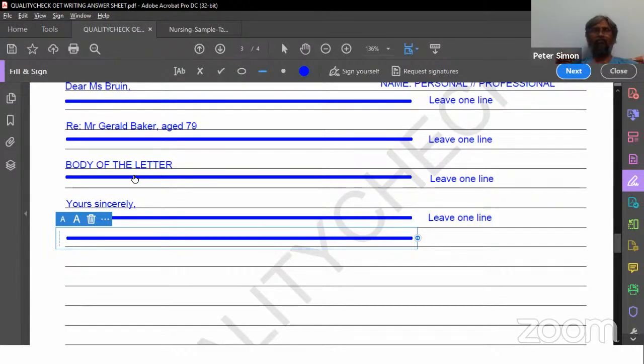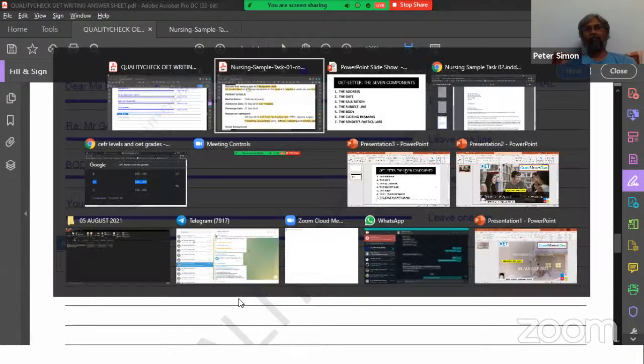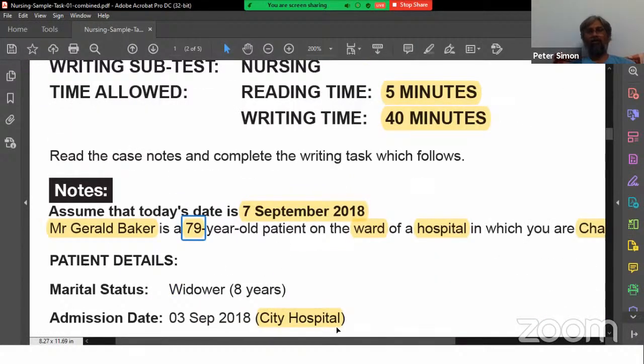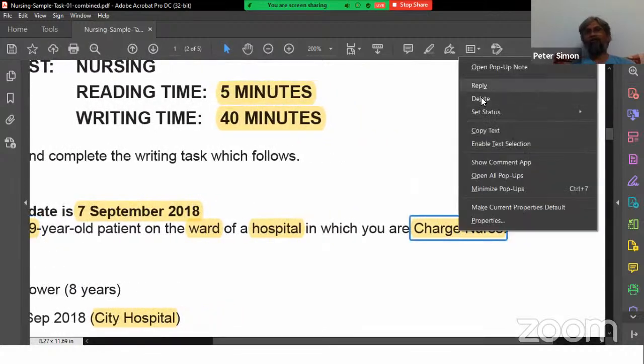And then the profession. So now how are we going to write here? Here, our address. Yes. So what is the designation here? You go here to the top.